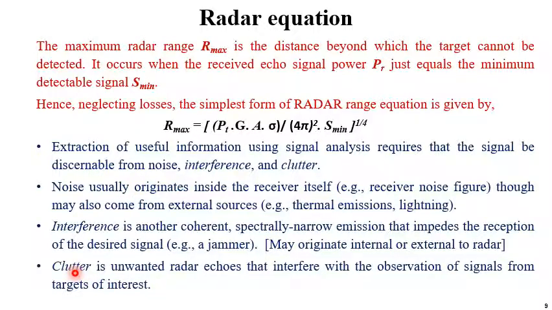Now the third one is clutter. Clutter is unwanted radar echoes that interfere with the observation of signals from targets of interest. Actually, clutter is the echo signal coming from everything other than the target.